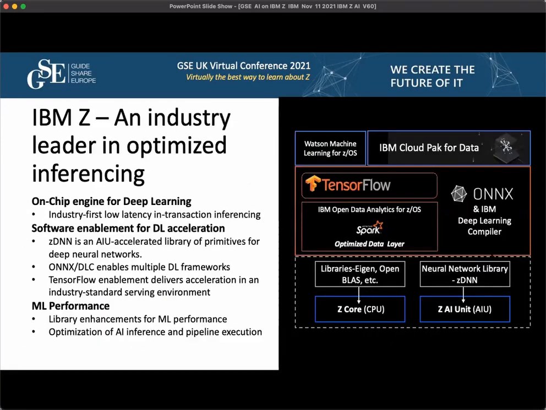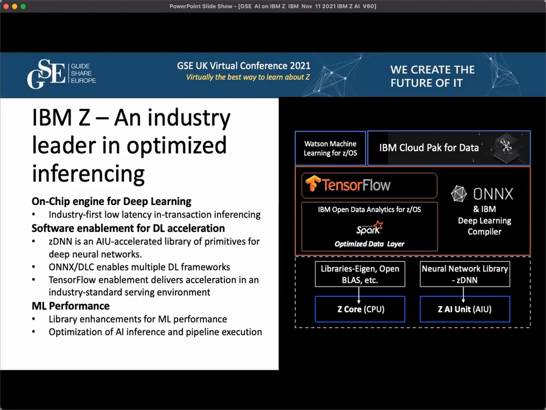Now, as I said initially, when I showed the whole AI ecosystem, from an AI strategy and vision point, we build this AI acceleration in the hardware with the notion that an end user should be able to transparently benefit and inherit the acceleration that we're adding, both in hardware and in the software layers.